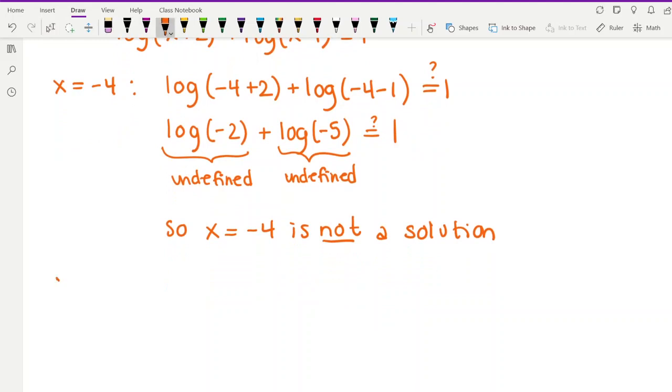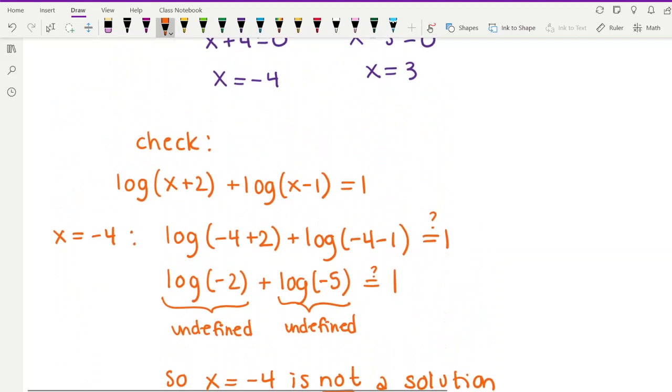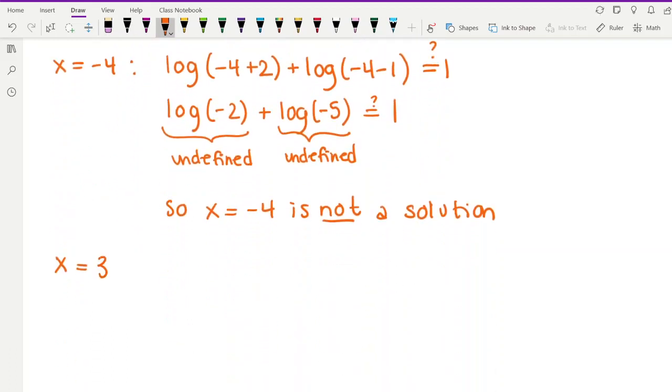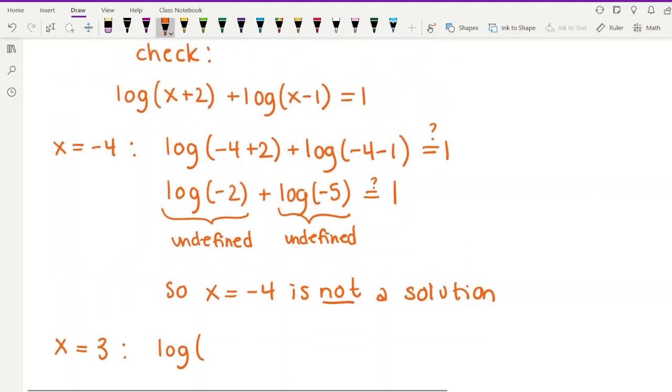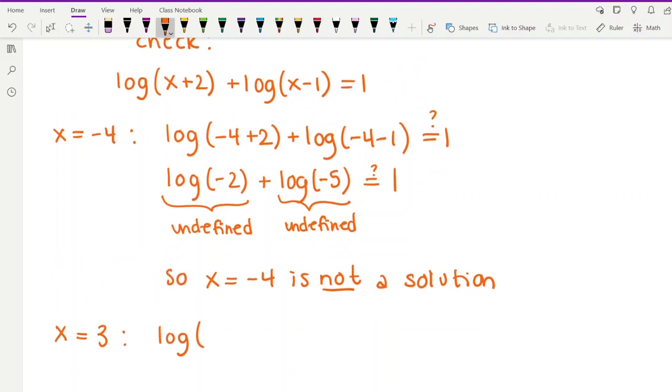Let's try the other one. The other solution that we found was x is equal to 3. Let's check out what happens when we plug in 3. For 3, we would be getting log of 3 plus 2 plus log of 3 minus 1.